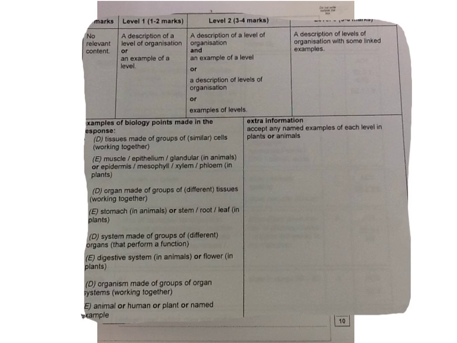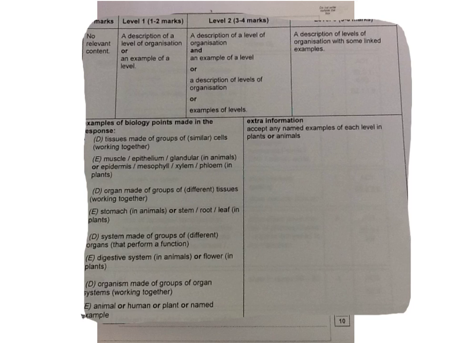For 3 to 4 marks, there's a description and an example, or a description of levels or examples. And then finally, for 5 to 6 marks, there's a description of levels of organisation with some linked examples. It has to include all levels of organisation, so that means tissue, organ and organ system, and it needs to have at least 2 linked examples in there, preferably 3.